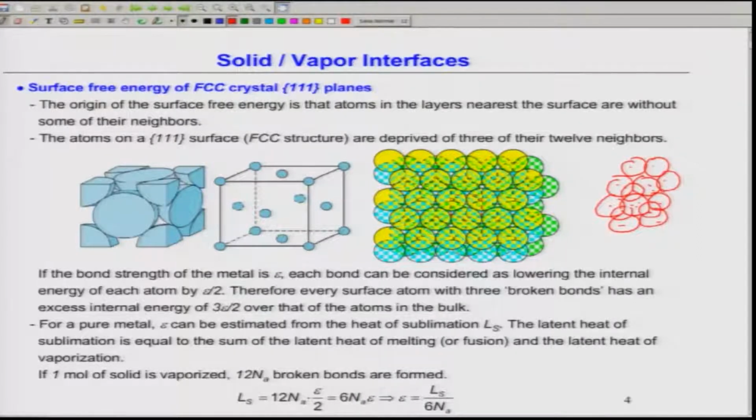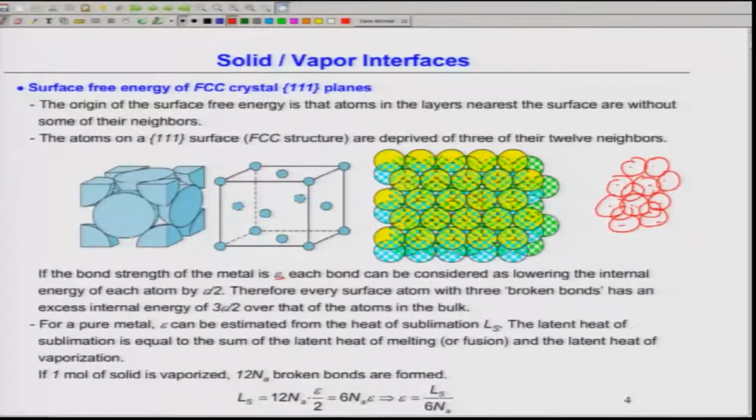Now, suppose we assume this is a pure metal. Therefore, the bond strength of every bond is similar, given by epsilon. Each bond can be considered as lowering the internal energy by epsilon by 2, obviously, because each bond is formed by 2 atoms.